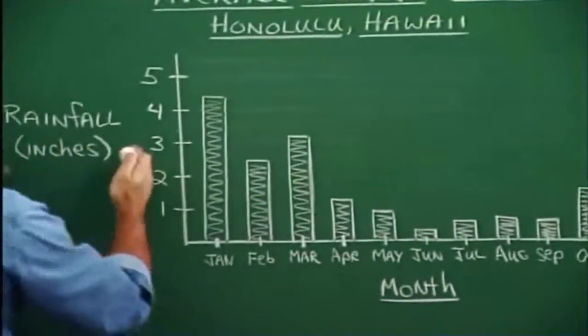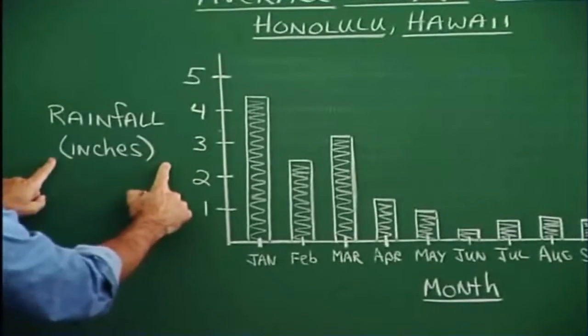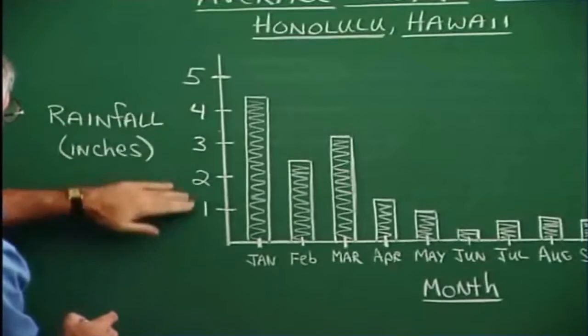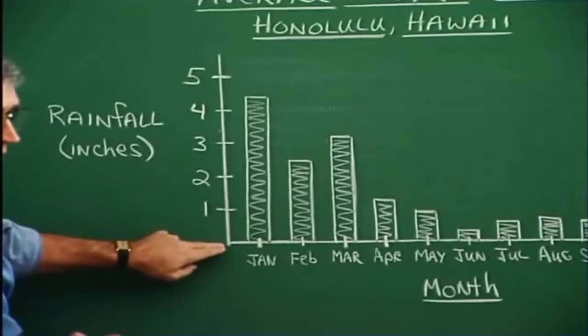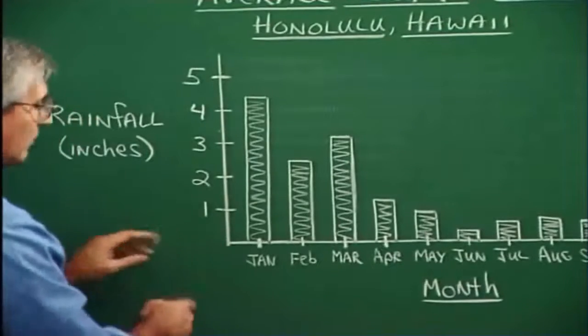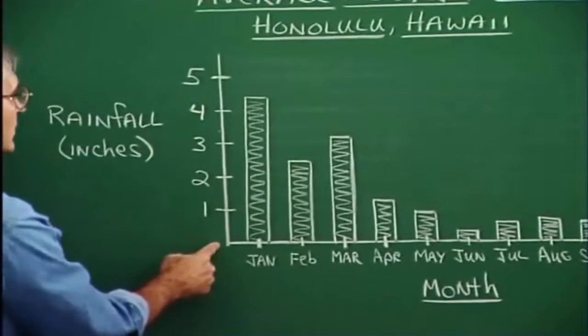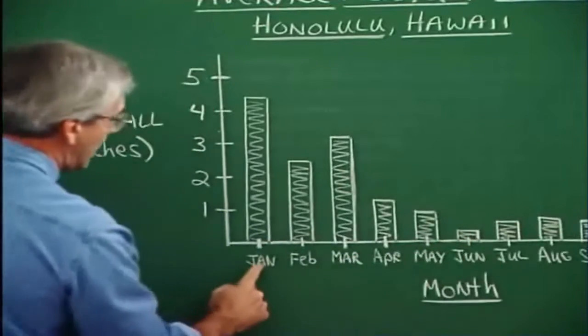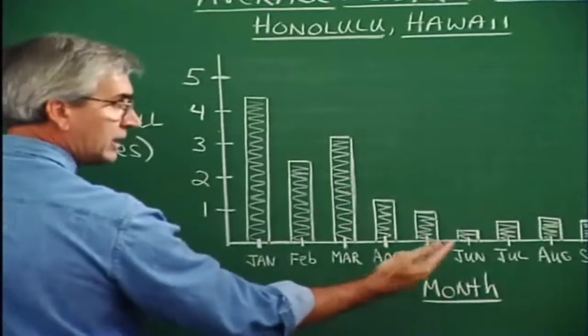So on this axis I'm writing the rainfall in inches, and notice the labeling here, the 1 through 5, and we're starting at 0 on this axis. That's an important matter, that we start with some basis, and usually it's 0 on the axis. And on the time axis I have January, February, March, April, and so on.